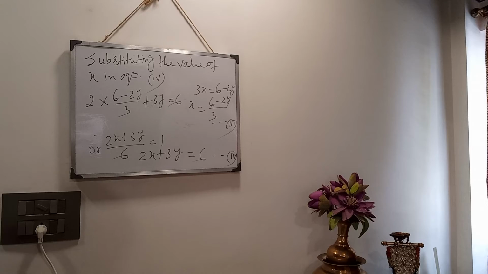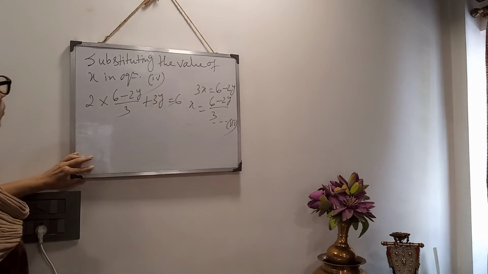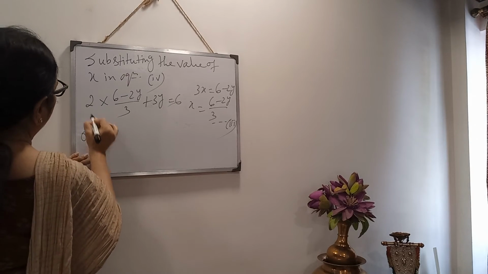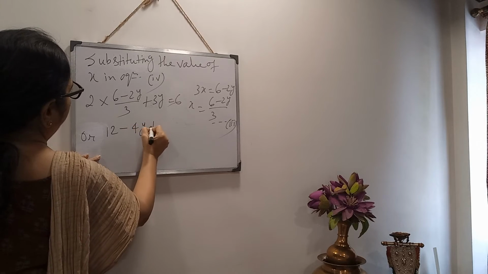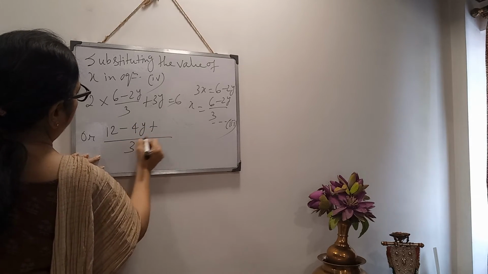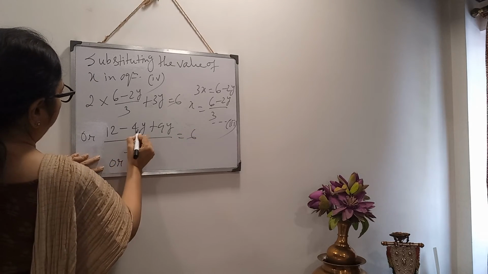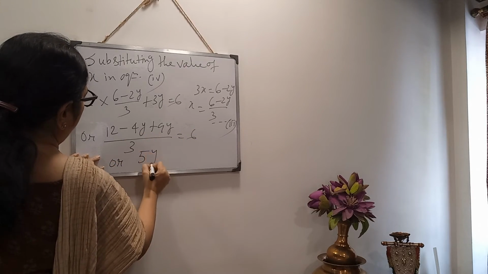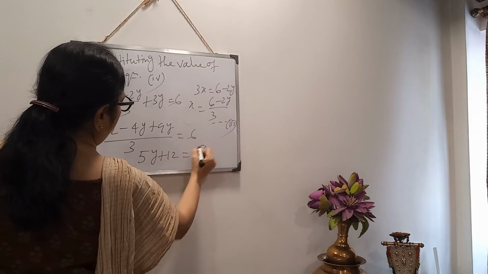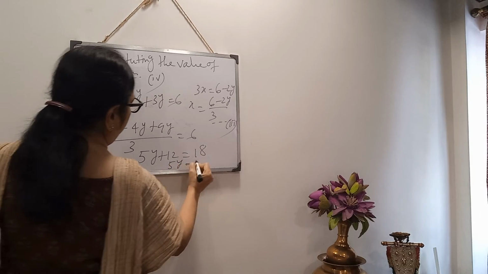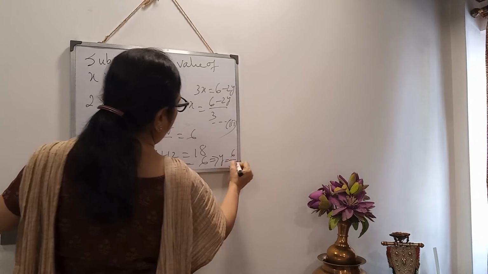Now this equation is in one variable, that is y. So solve for y. Multiply: 12 minus 4y, and directly I am taking the LCM here, plus 9y equals 18, or 5y plus 12 equals 18. So 5y is 18 minus 12, 6. y is 6 by 5.